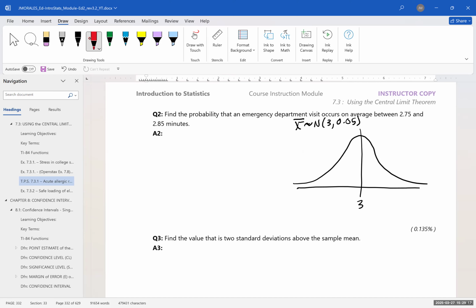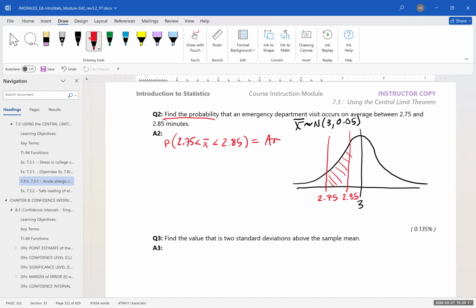So what's the area between 2.75 and 2.85? It says find the probability. So it wants this area. So the probability that we have an average time between 2.85 and 2.75.